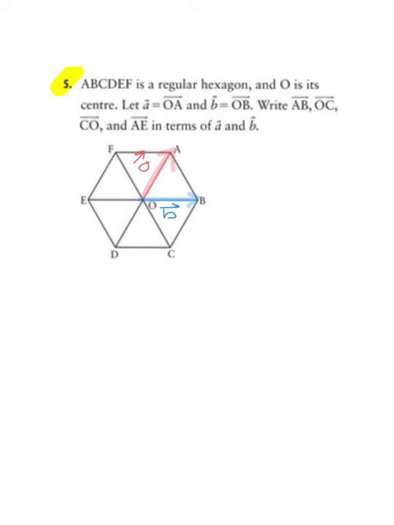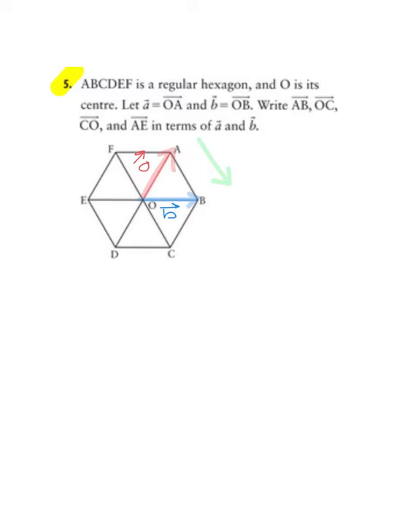They want us to rewrite vector AB, OC, CO, and AE in terms of A and B. So I'm going to do AB with you. So we're going to start at A and end at B. So what this means is that when I'm trying to find this vector AB, I'm going to have to go over it here.